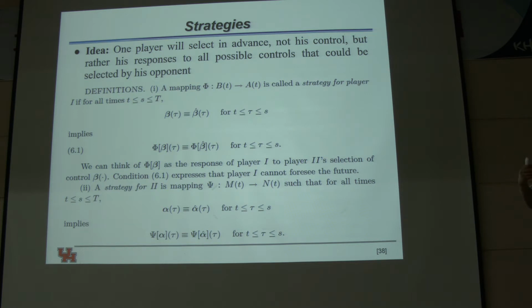It's just a mapping. If you do this, I do this; if you do that, I do that. This kind of mapping is called a strategy, which we define as phi.